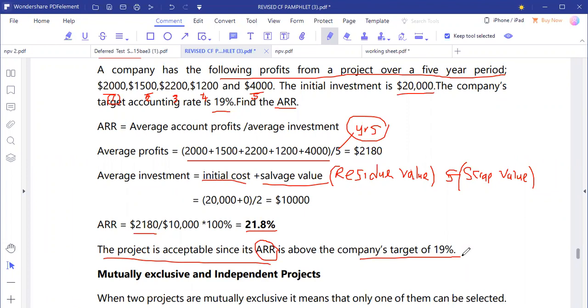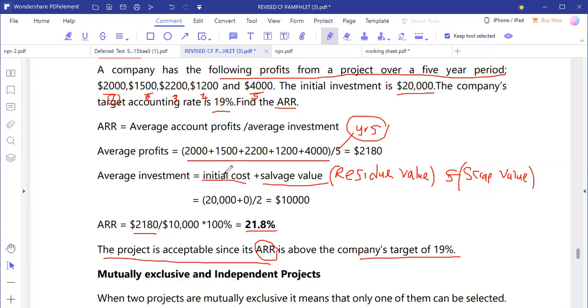Okay, so where the 2 is coming from is because we are looking at 2 things that are involved here when finding the average investment. So first and foremost, you need to go for the initial cost. So our initial cost of this project was $20,000, which is given in the question, but we were supposed also to be given the scrap value or the salvage value, which was not given.